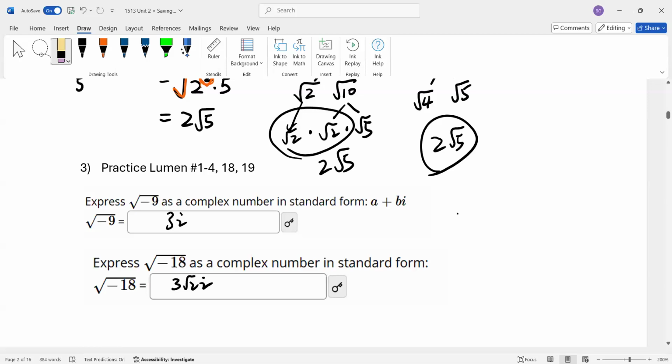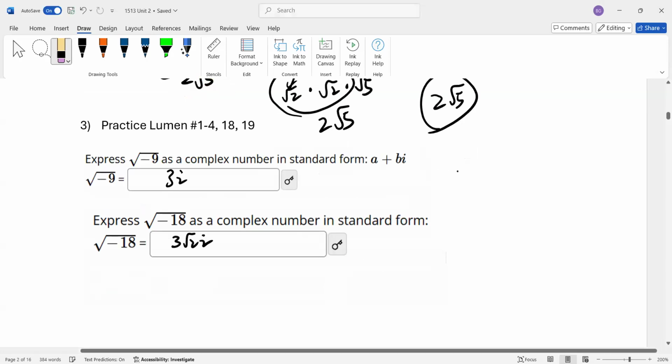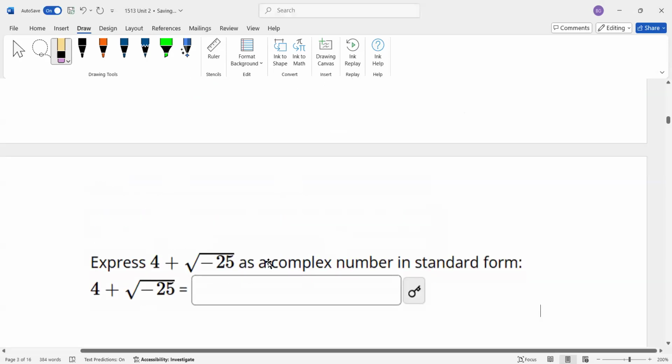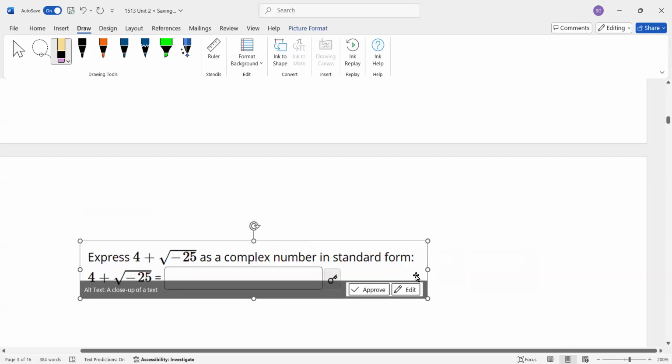Number 3. How about you try number 3? Number 3 is square root of -25.